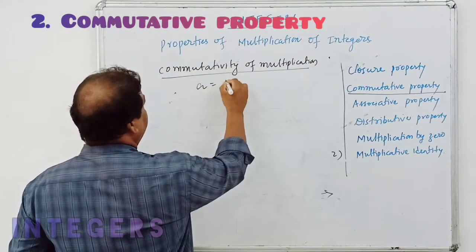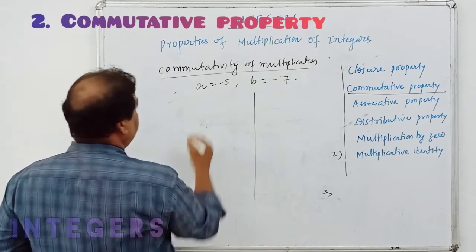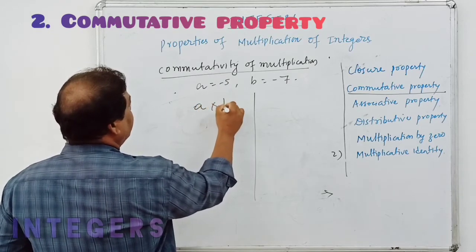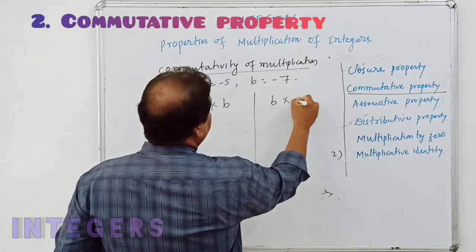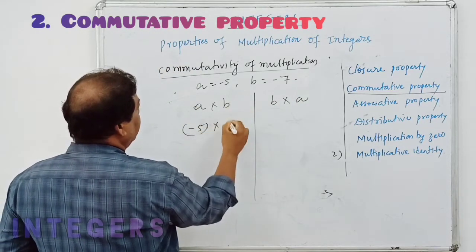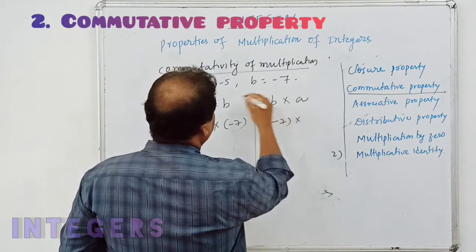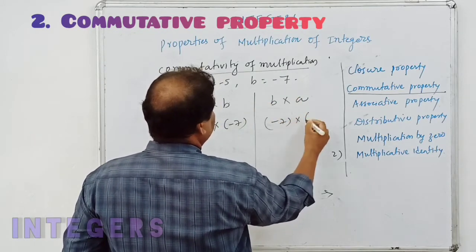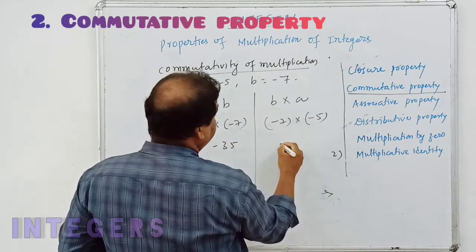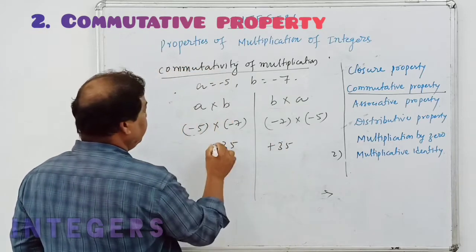Let us take a equal to minus 5 and b equal to minus 7. Then a into b, and then b into a. With a equal to minus 5 and b equal to minus 7, 7 fives are 35, negative sign times negative sign is positive.